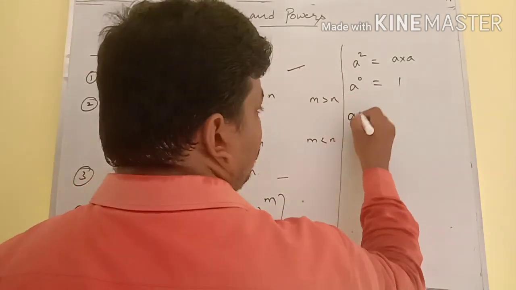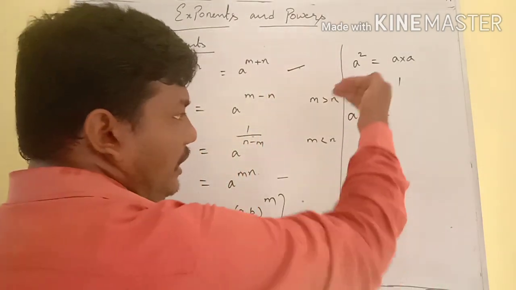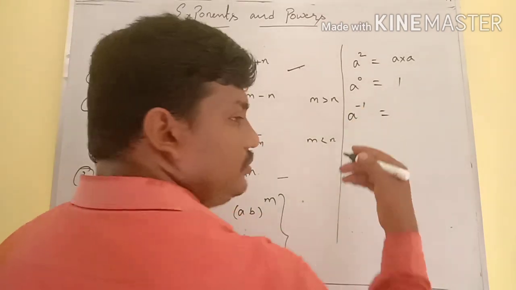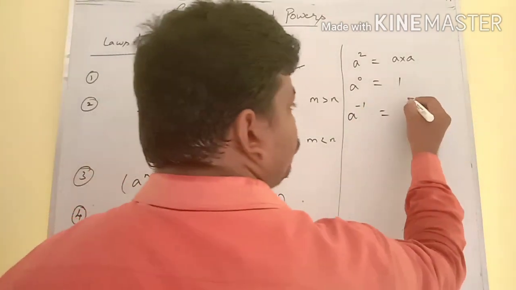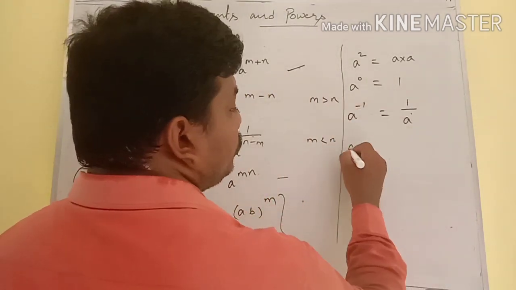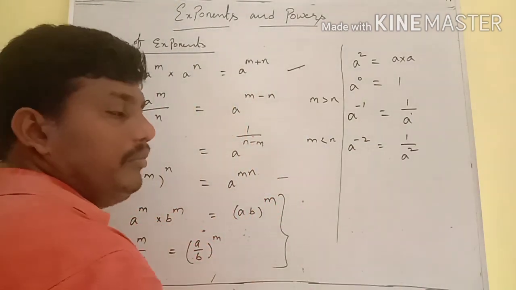Coming to the negative power, a power minus 1. When we have negative powers, the value comes under the denominator, that is 1 by a power 1. You can take a power minus 2, this is 1 by a square.